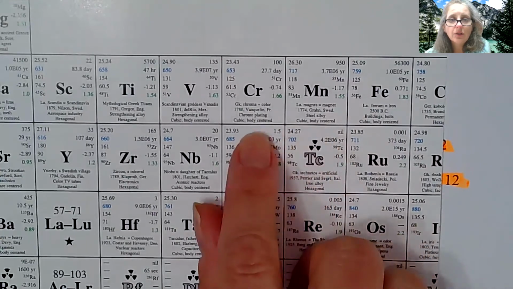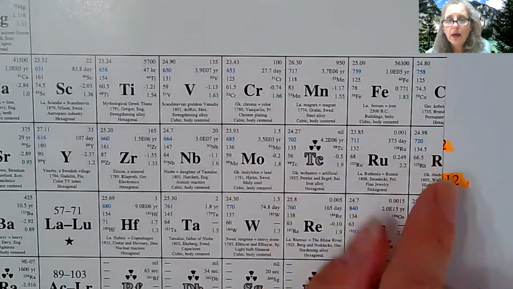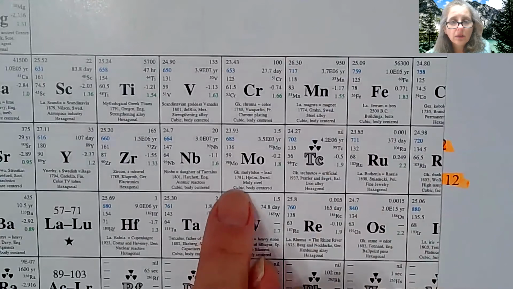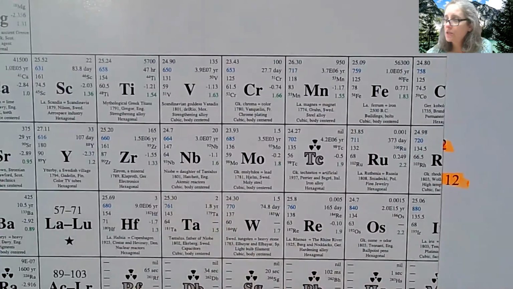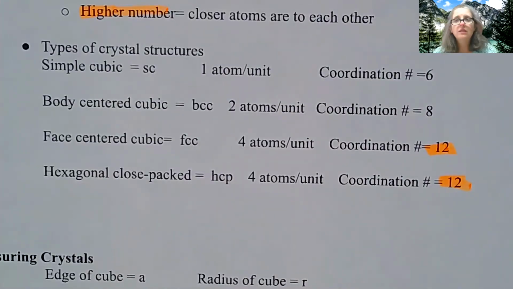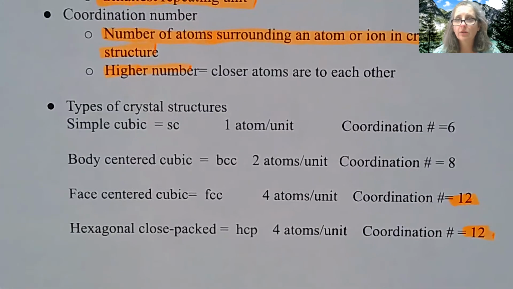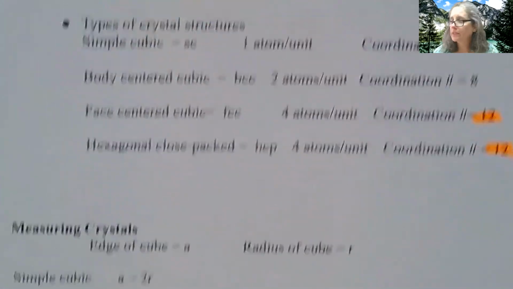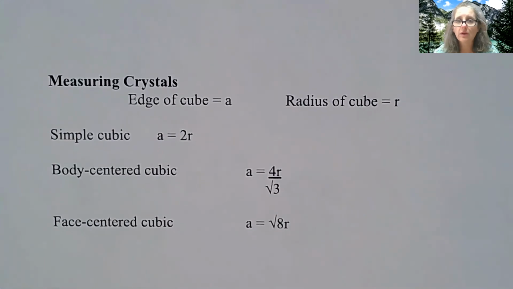Manganese body-centered cubic, chromium, hexagonal, so on and so forth. So it is inherent to the substance what particular crystal structure it has. Again, there used to be some math associated with it. I keep the formulas in there, but we just do not focus on any of that anymore.